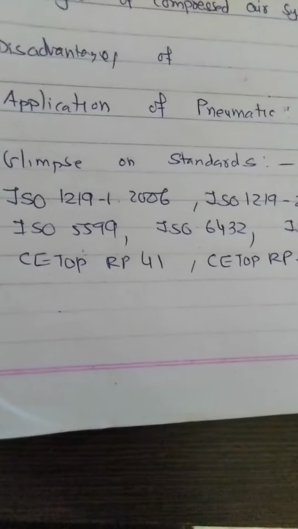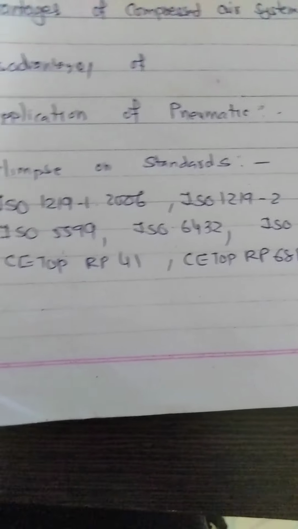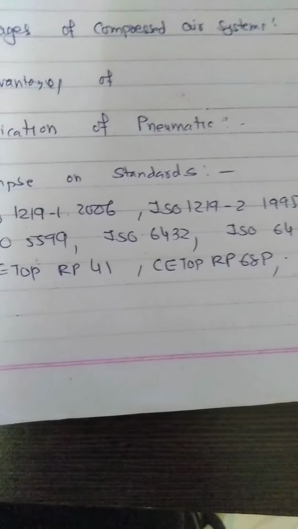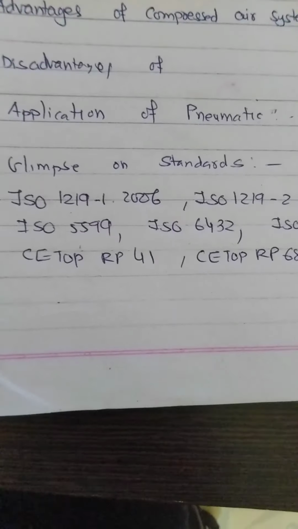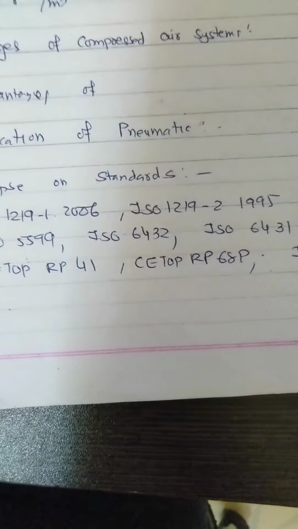The effort for a uniform definition and standardization of pneumatic components was initiated by German organizations like VDI and VDMA. This led to DIN, that is Deutsches Institut für Normung, then CETOP, and later on DIN ISO standards.